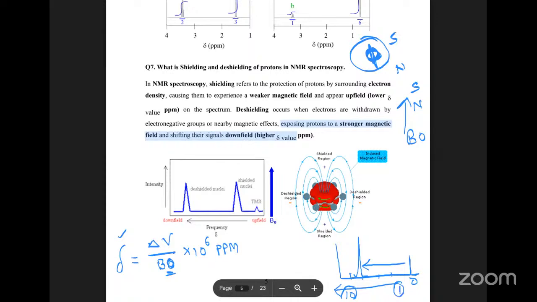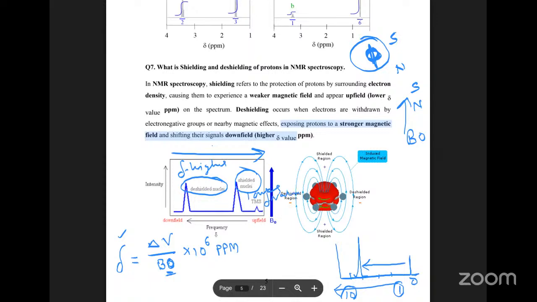That means if the peaks are towards 0, we call these protons shielded. These protons are shielded because they are towards 0. If the peaks are going away from 0, then we call them deshielded. That means higher del value. This is the higher del value, and this is the lower del value.